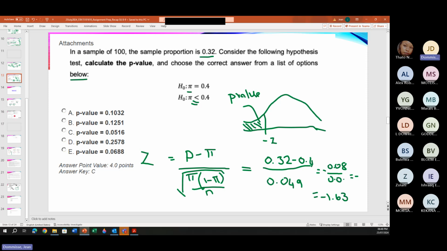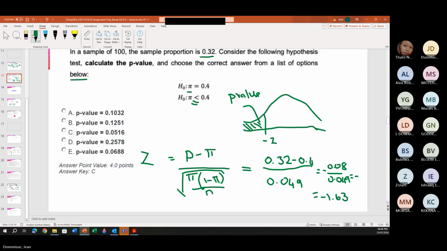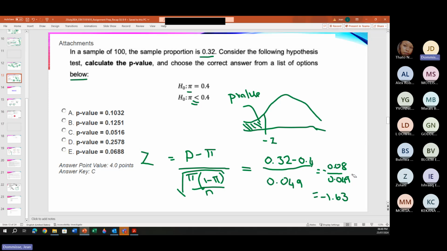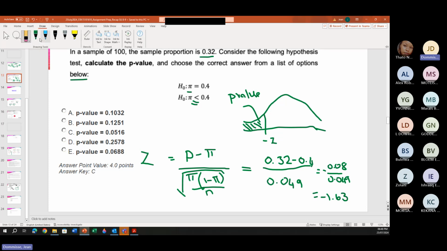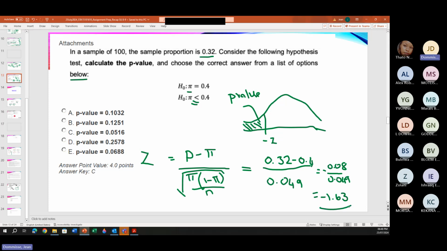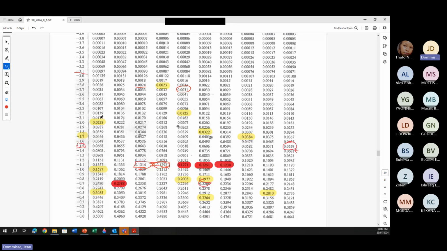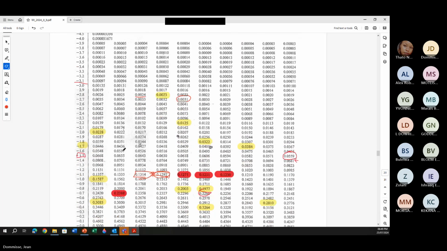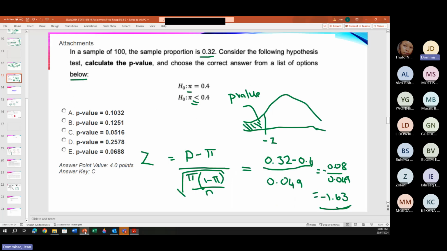The Z table, minus 1,6, 1, 2, 3. 0,0516. Let's just see, 0,0516.